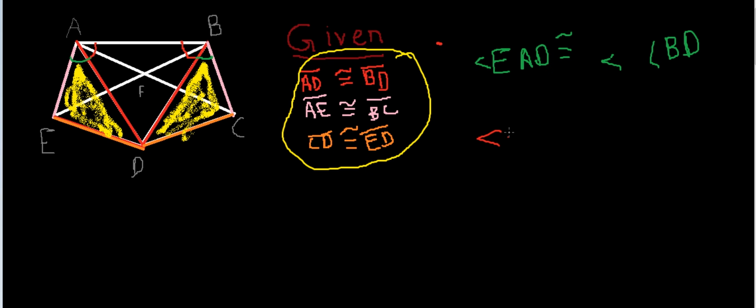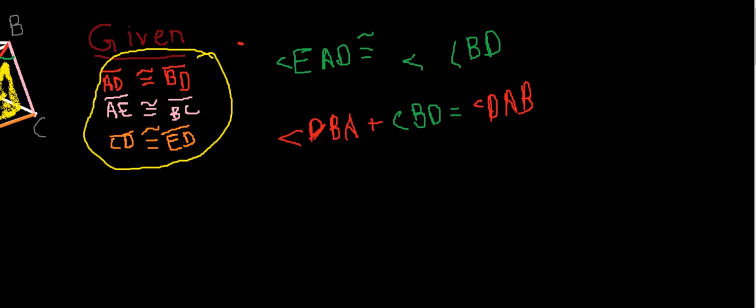So we can say that angle DBA, which is right here, plus angle CBD is equal to angle DAB plus angle EAD.